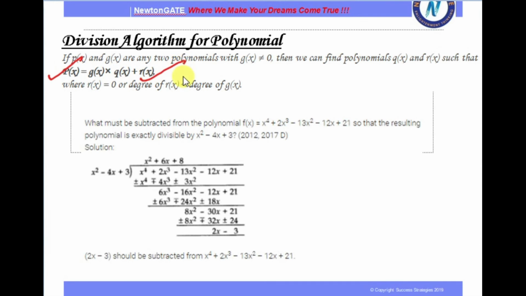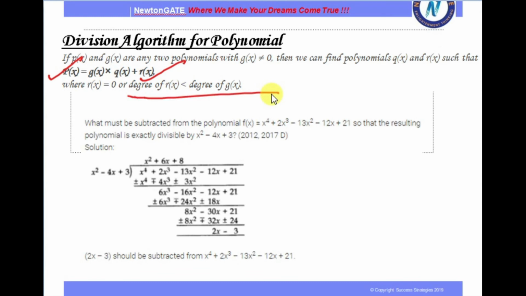Now one thing to know is, we know that the remainder ranges from 0 and is always less than the divisor. Since we are taking a polynomial, there must be a condition like that. Luckily there is: the degree of R(x) should be less than the degree of G(x).